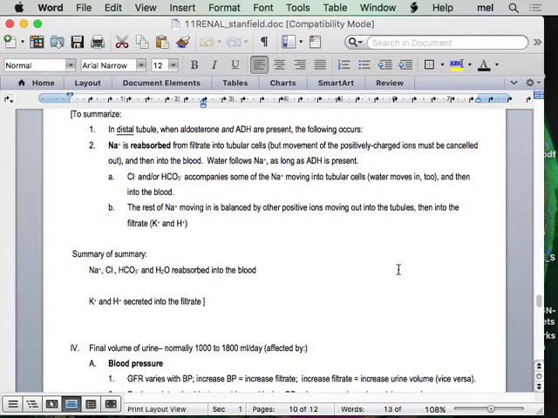And then the rest of the sodium that's moving in will be balanced by positives moving out, potassium and H plus. So the summary is this. At the DCT, if ADH and aldosterone are present, you are going to reabsorb sodium, chloride, HCO3 minus, and water. And you are going to secrete potassium and H plus. Good? That's the summary of the summary.